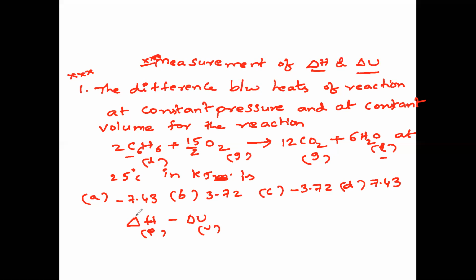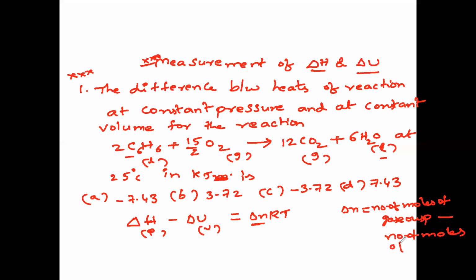Heats of reaction at constant pressure is delta H, and heats of reaction at constant volume is delta U. So delta H minus delta U is equal to delta n RT for a chemical process, where delta n is the number of moles of gaseous products, only gaseous, very, very important, minus the number of moles of gaseous reactants. This model is very, very important. Many times they ask in entrance exams, so that's why I'm doing it.